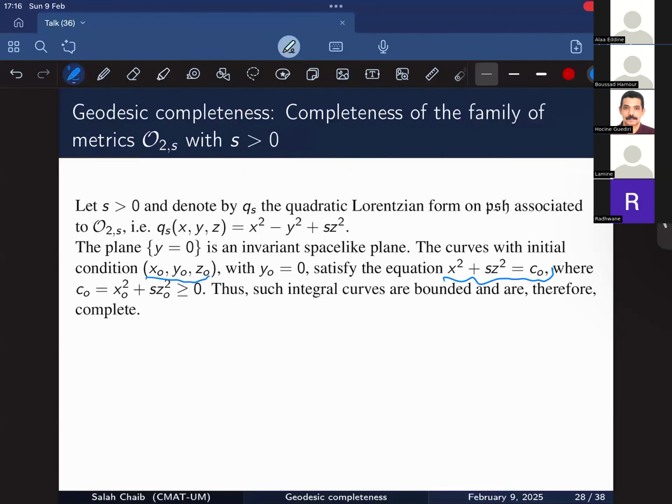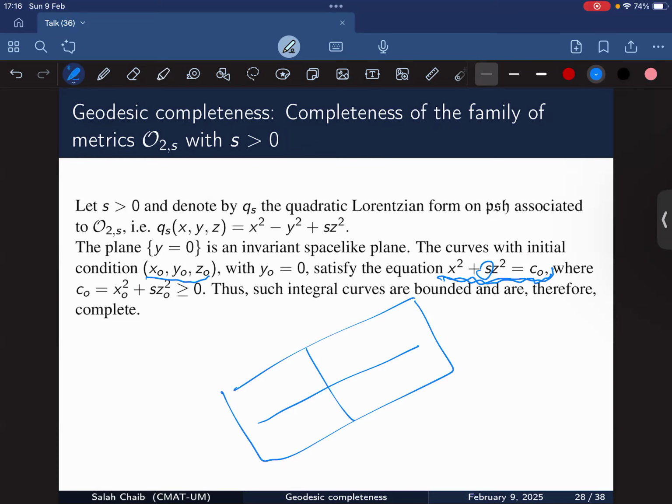S is positive, and having this equation means that the points in y0 where this solution happens are of this form.